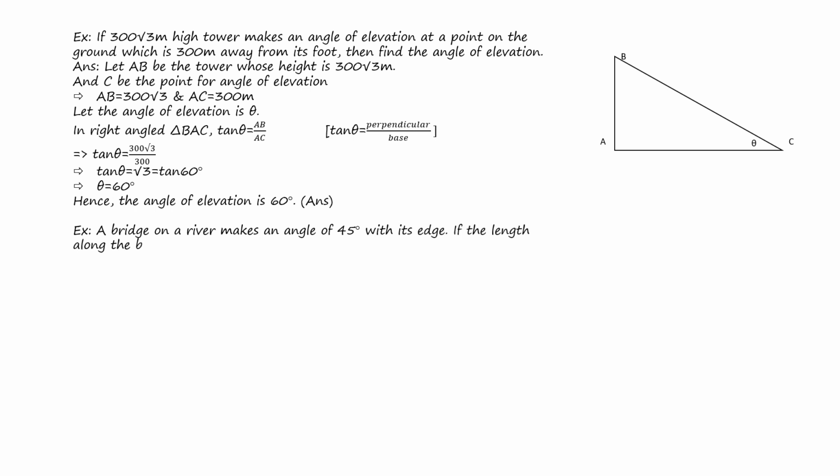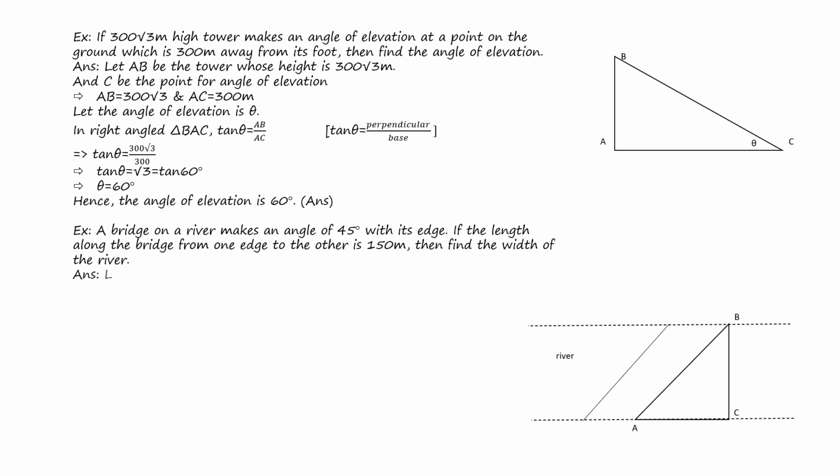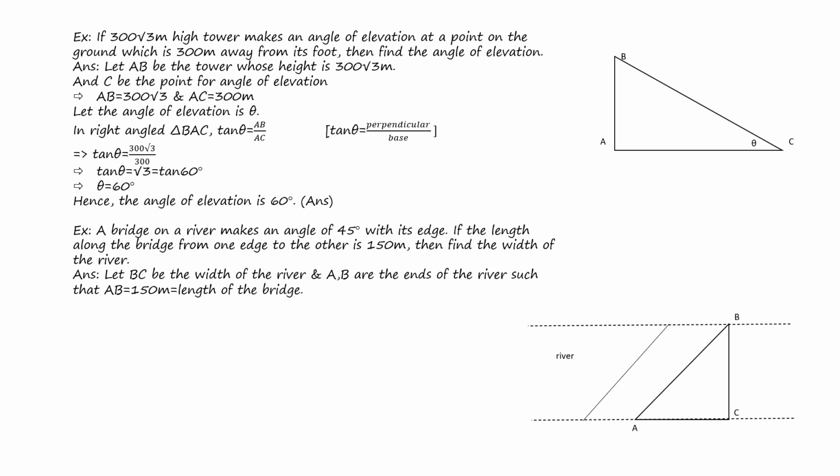A bridge on a river makes an angle 45 degree with its edge. If the length along the bridge from one edge to the other is 150 meter, then find the width of the river. Let's draw the picture first. Let BC be the width of the river and A, B are the ends of the bridge such that AB equals 150 meter, which is nothing but the length of the bridge.